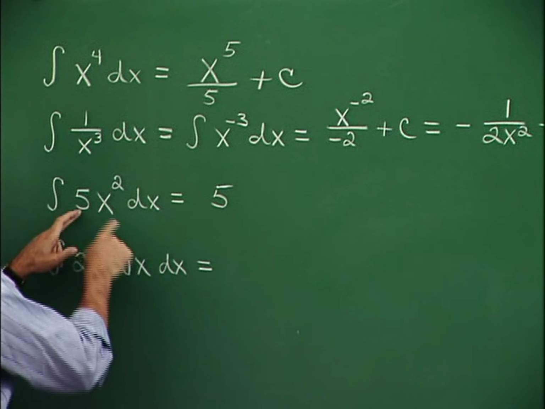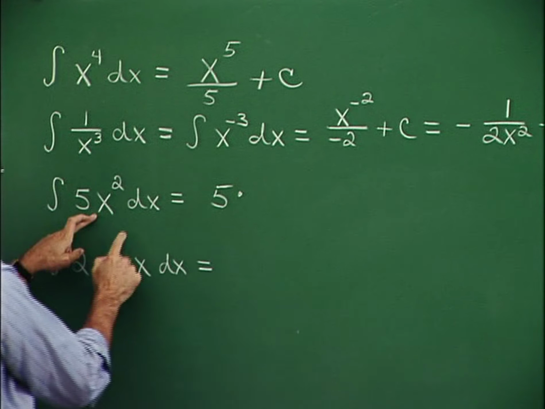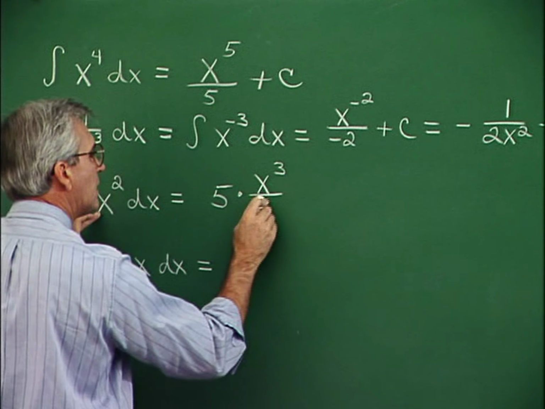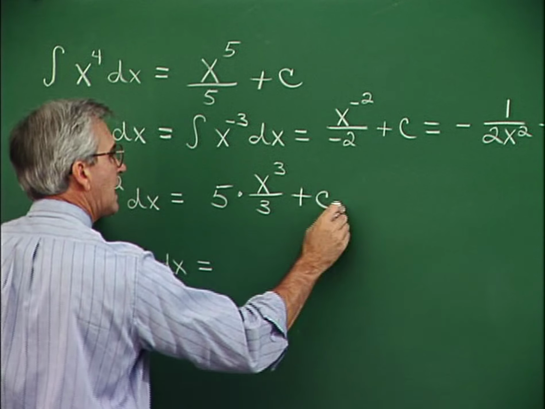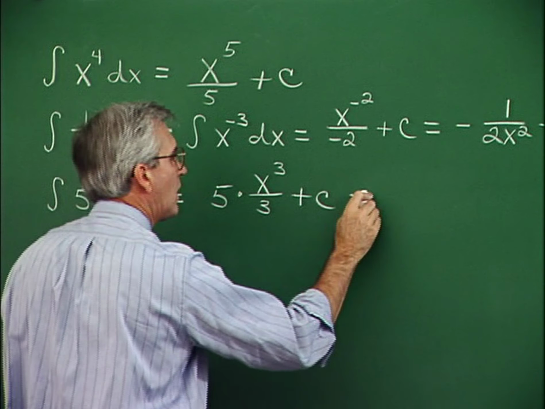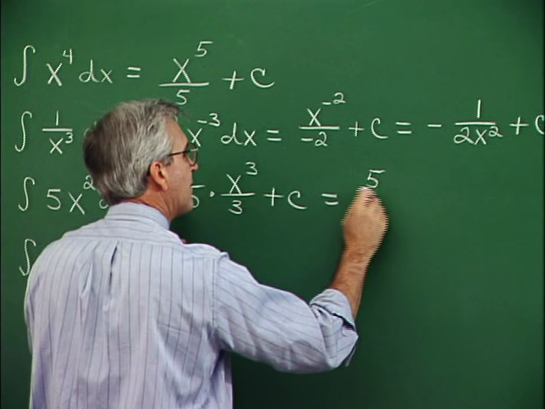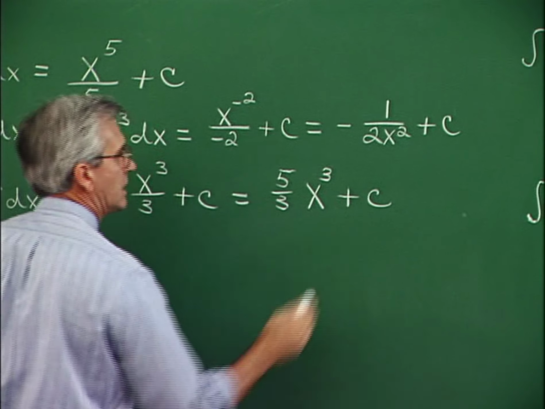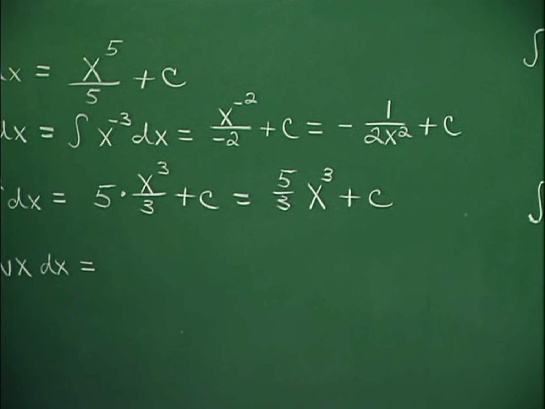So it's just 5 times, now integrate here, and we have x cubed over 3, and then plus c. And it streamlines the process quite a bit. So we have then 5/3 x cubed plus c. Similar to what we had before, but a little bit faster.